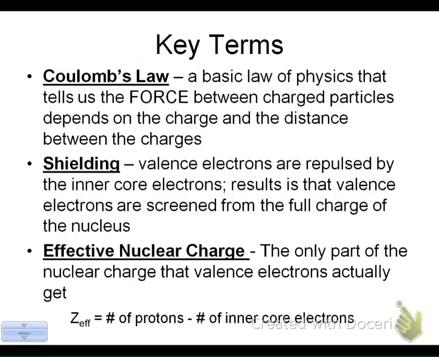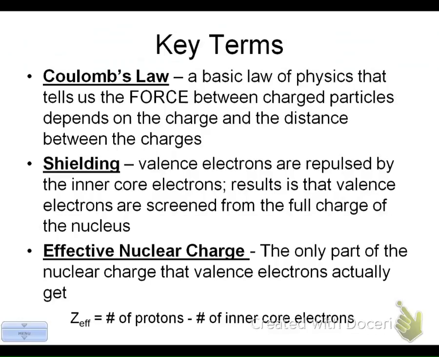To understand the periodic trends, we first have to have a good grasp of these three definitions. The first one might be the most important. It's Coulomb's law. Coulomb's law is a physics term that we're going to use in chemistry here.